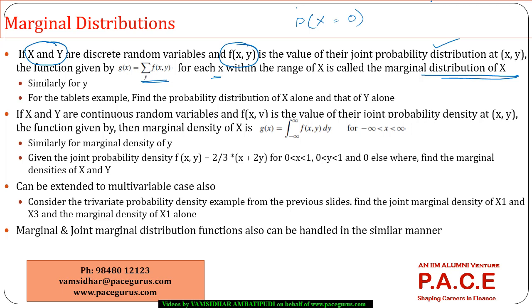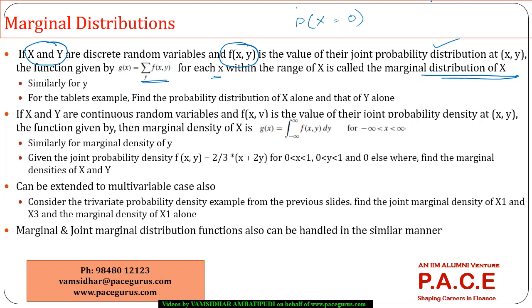That is what I call the marginal distribution of x. Similarly, when I am doing a summation across all the x values for each value of y, I call it the marginal distribution of y.